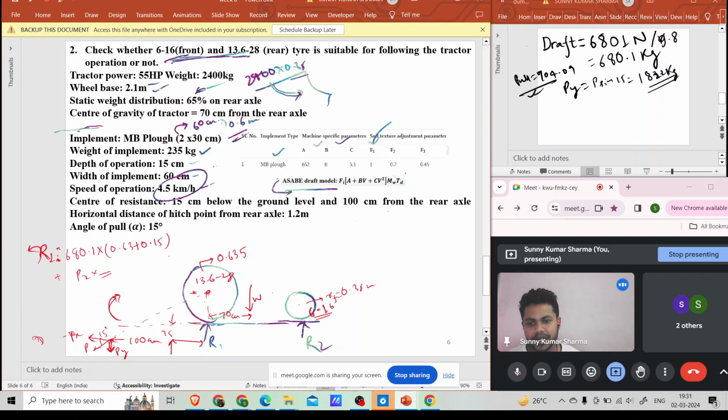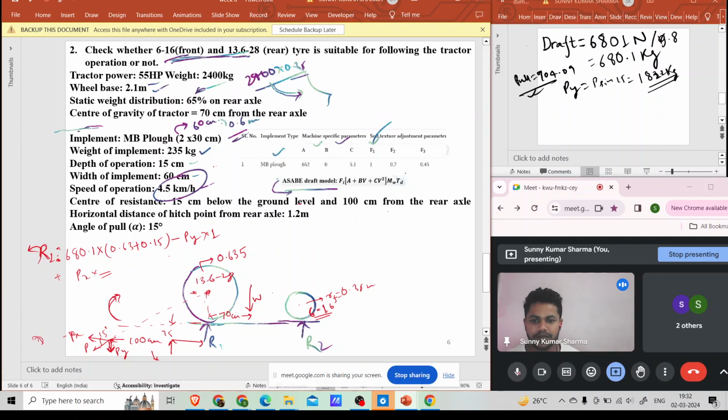Py is applied at an arm of 100 centimeters, and it is in this direction. This is counterclockwise. So if Px is positive, then Py will be negative: minus Py into 1.